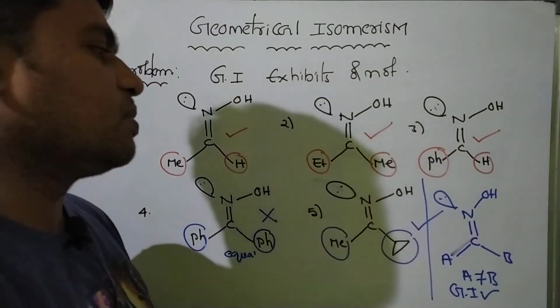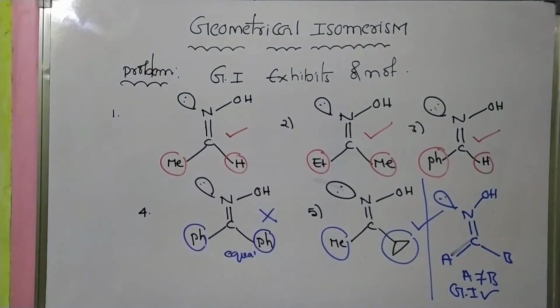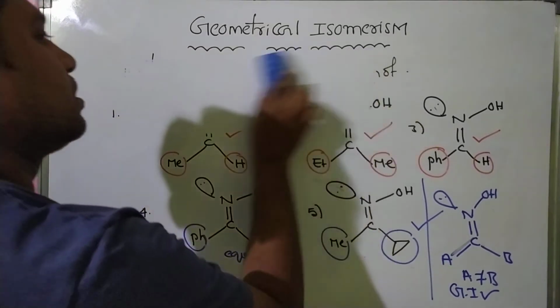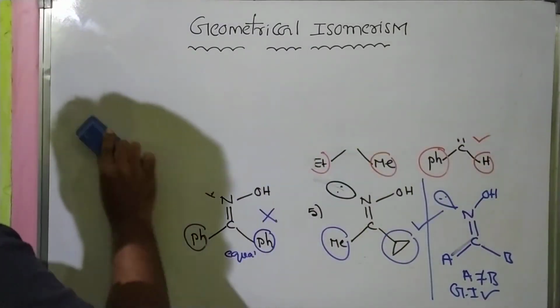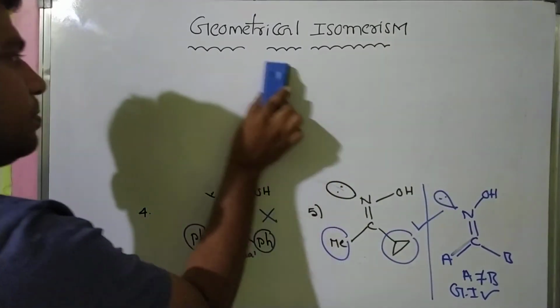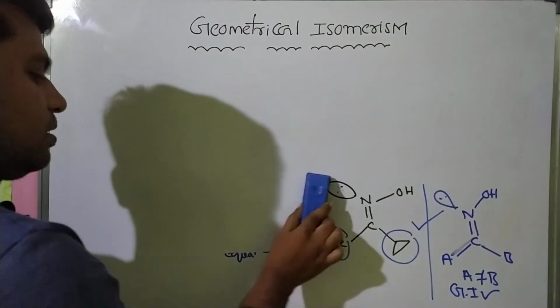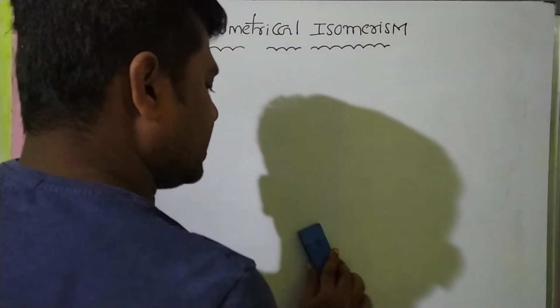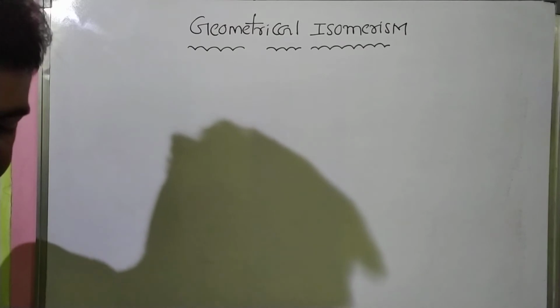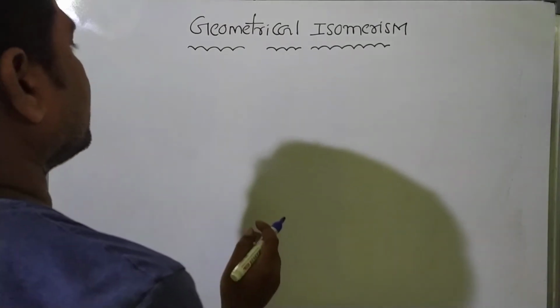Please note all these examples. If groups A and B are different, the given oxime will show geometrical isomerism.